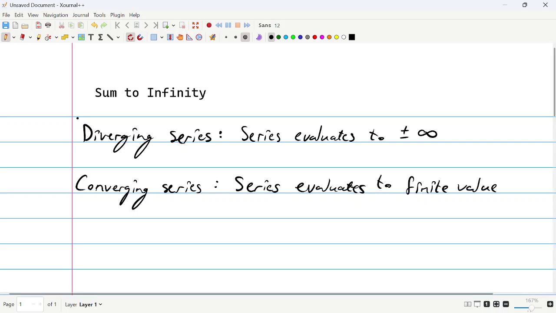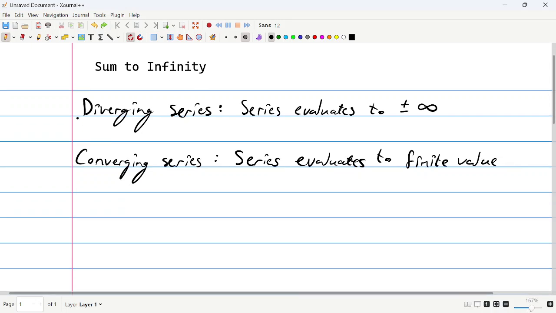Meaning it actually evaluates to a value which we are physically able to go to, such as 1, such as 500, such as 10 billion. But infinity is endless. We can never reach a point at infinity, but we can reach finite values. And that is what it means by converging.